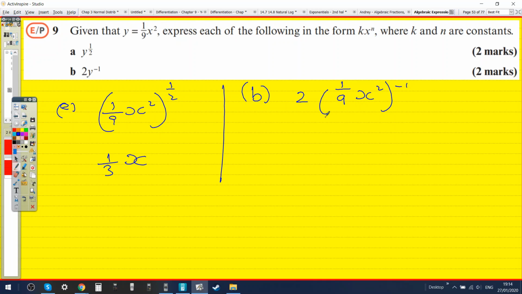Yeah, so it'll be x to the -2. Put into calculator 2 times 1 over 9.